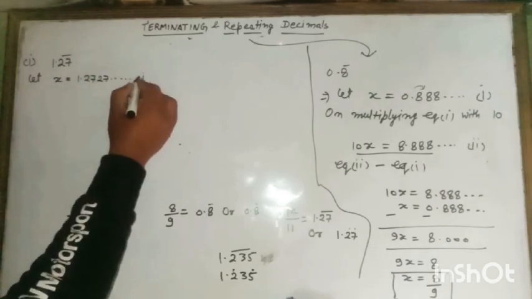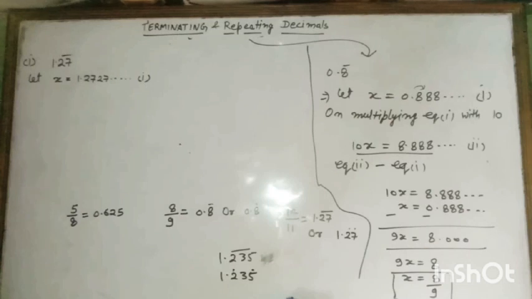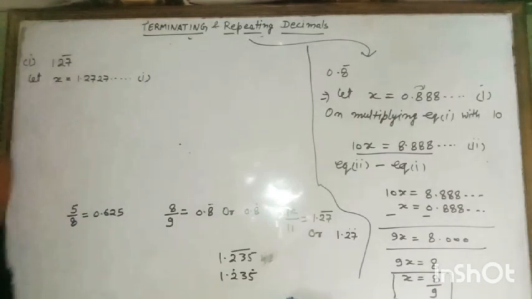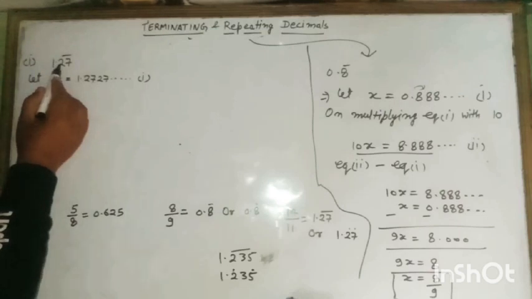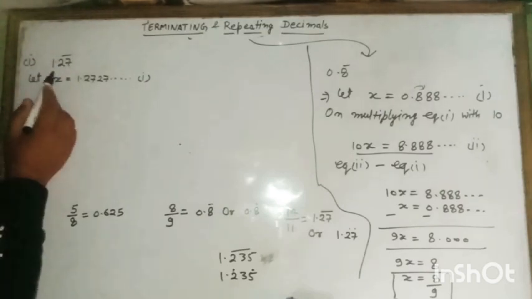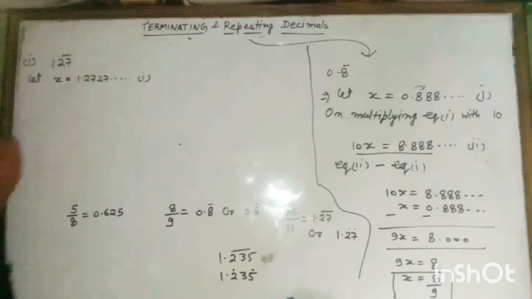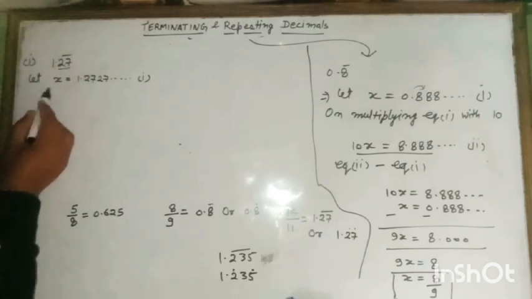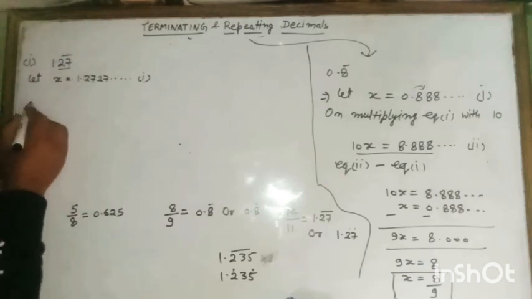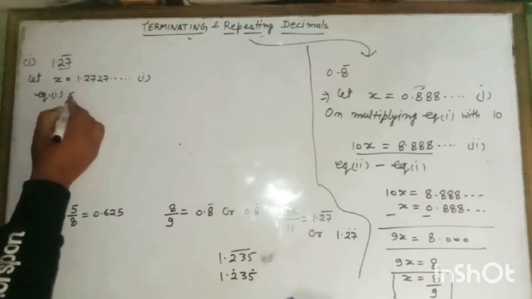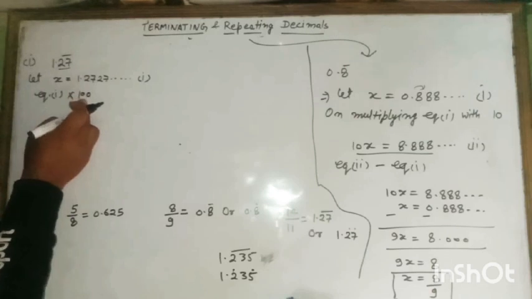This is the first equation. Now in the second equation, see how many digits after the point are repeating, that is only two digits are repeating. So we will write 1, and after 1, 2 zeros we will put. So we will multiply this whole equation by 100, because two digits are repeating in this.